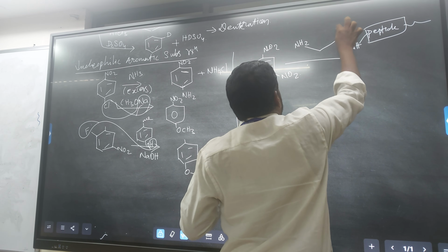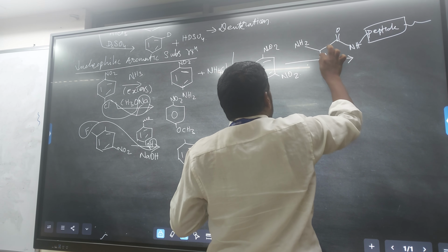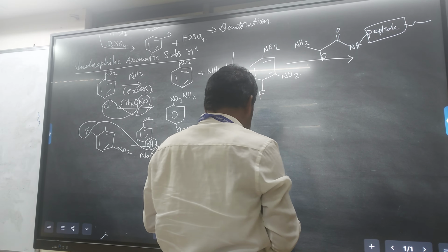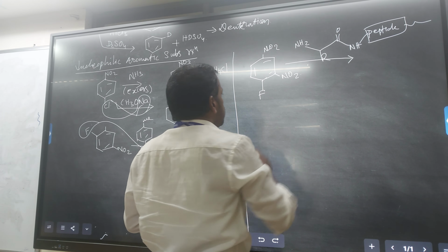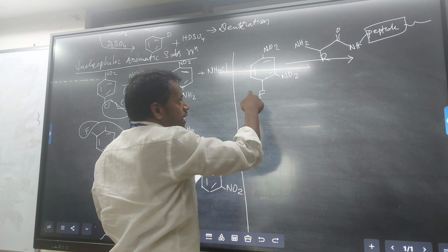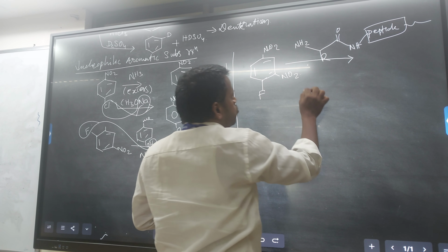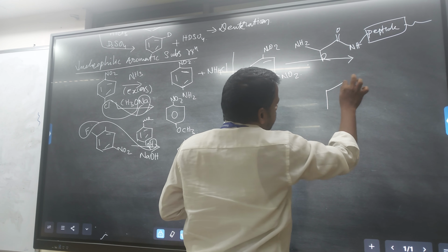Do not focus on that peptide group. Just what happened here and what is your product? So here the leaving group is fluoride. Therefore, that fluoride only reacts with NH2. So what is your product?